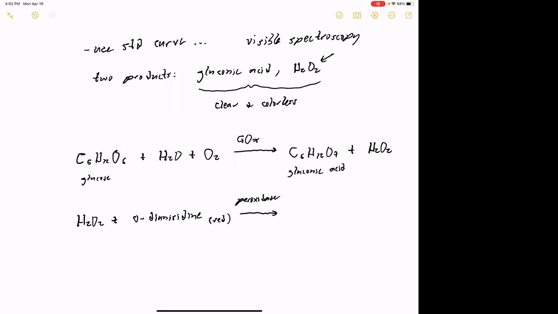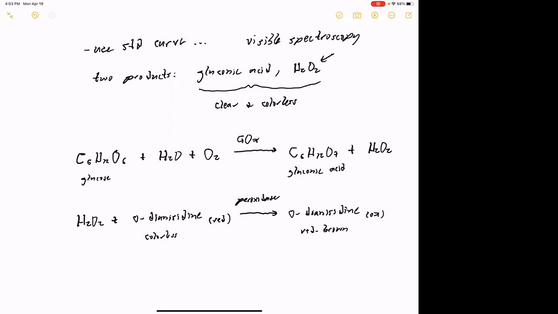And what you're going to end up getting is o-dianisidine as the product in the oxidized form. Now, here's the deal. O-dianisidine in the reduced form is colorless. But o-dianisidine in the oxidized form is sort of a reddish brown. You'll see the color. It's kind of a dingy reddish brown color, okay?